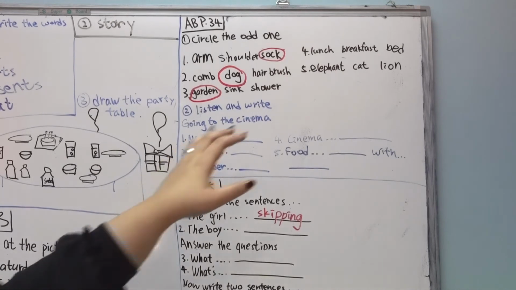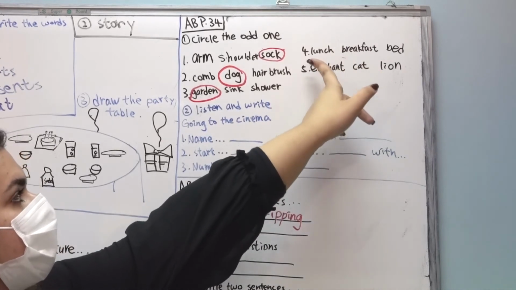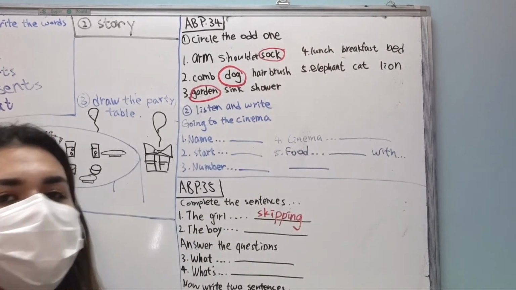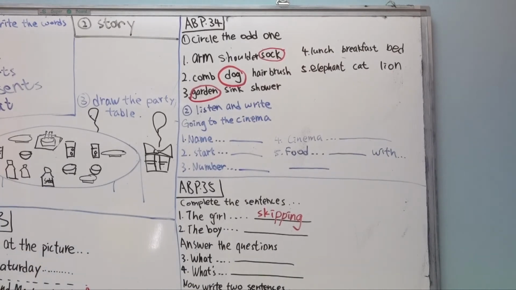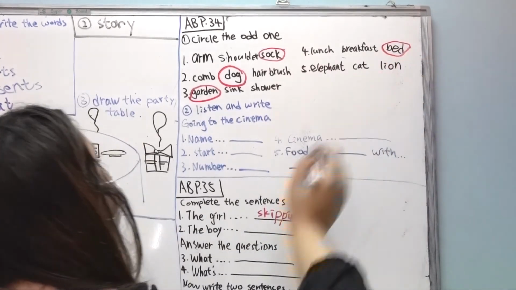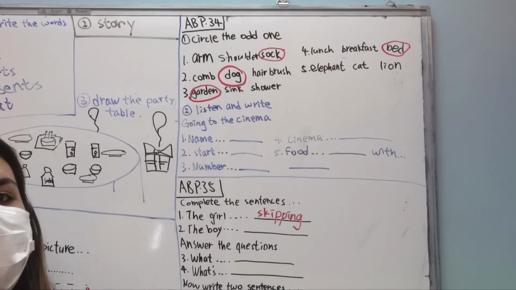Number 4. Number 4 we have lunch, breakfast, and bed. Which one is the odd one? That should be bed, right? Because we can have lunch, we can have breakfast, but can we have bed?